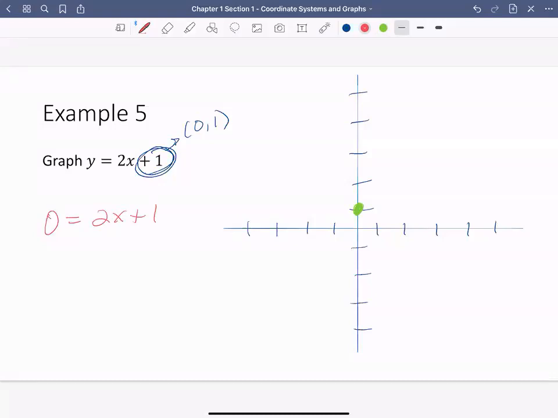Now I can find what x is. Subtract 1, divide by 2, and x is -1/2. So the point I'm going to graph here is (-1/2, 0), which is right there. And then now I can plot my line.